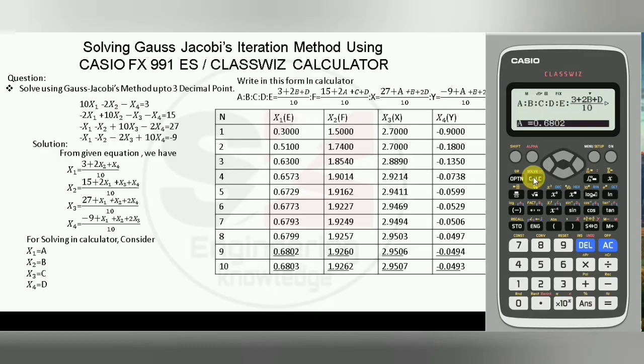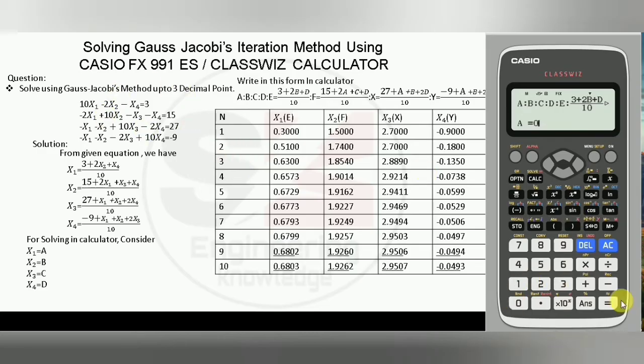So press the CALC button. At first, it will ask for the values of the variables x1, x2, x3 and x4. It will ask for the values for A, B, C and D, that is for x1, x2, x3 and x4. For solving the Gauss-Jacobi's iteration method, we have to consider the initial value as 0 for all the variables involved in this equation.